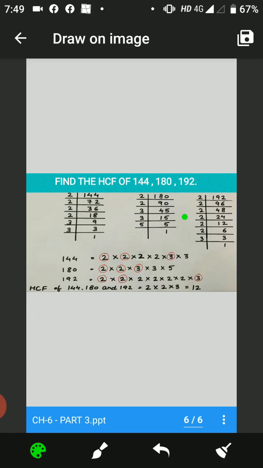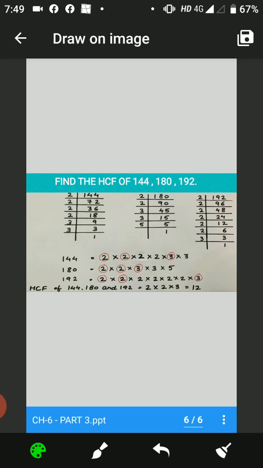Clear? Now does 15 come in the 3 table? Yes. 3 5s are 15. So here comes 5, and then we will write the factors of 5. That is, 5 comes in the 5 table at the 1st position. So here comes 1. Clear? Now we have the factors of 180 here. Clear?